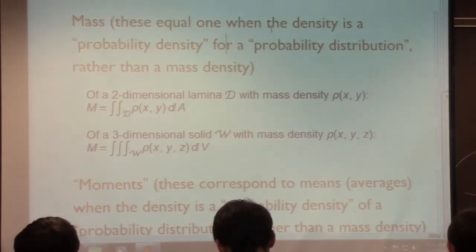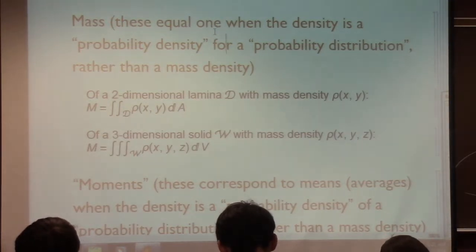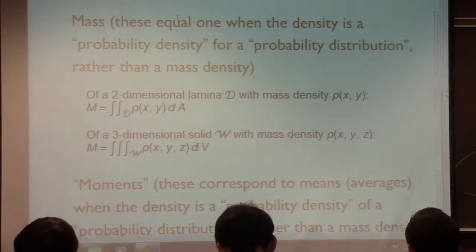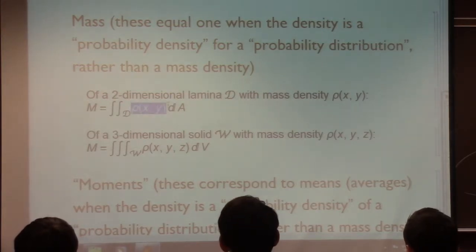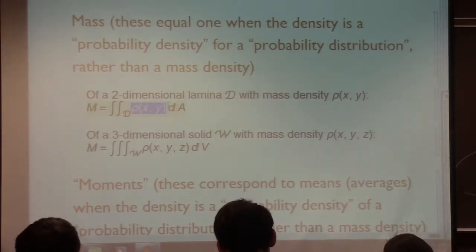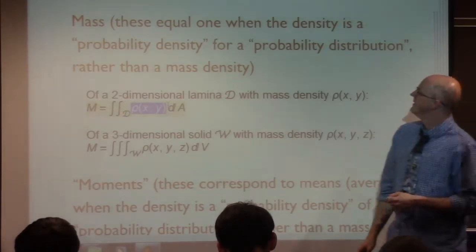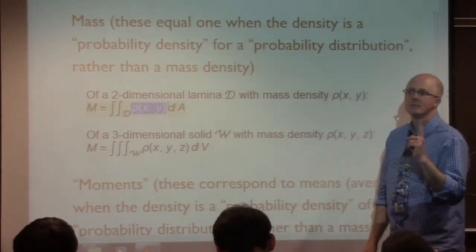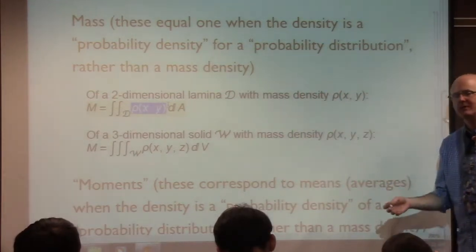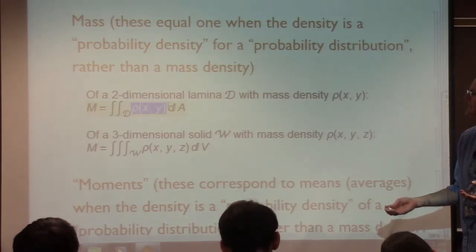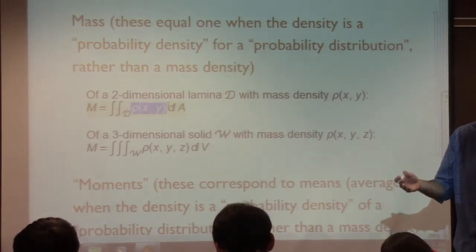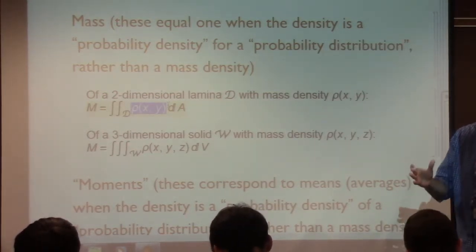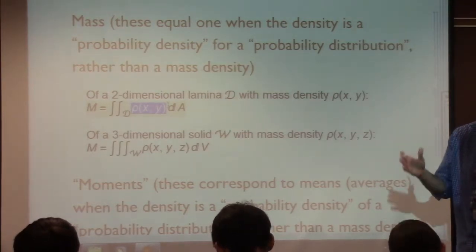These can also represent what are called, let's see. Okay, when rho here represents something called a probability density, and I will talk about this in a little bit as well, then the total mass ends up equaling 1, okay? And the reason you want the total mass of a probability density to equal 1 is that you want the probability of something happening in your experiment to equal 100%.